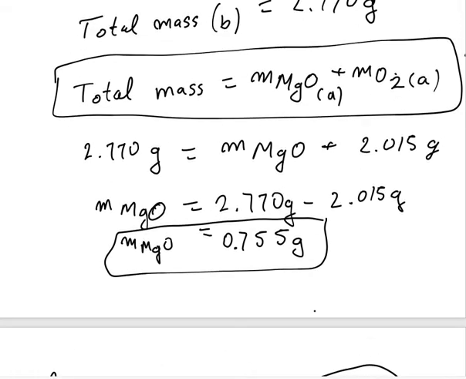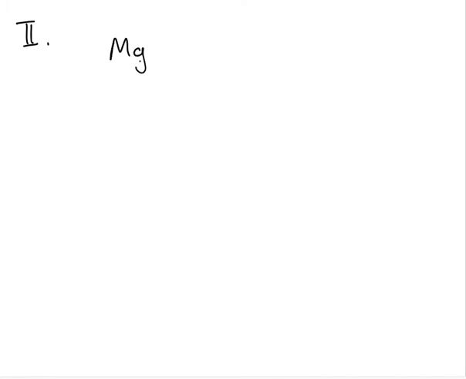Now the second one. For the second approach, we first write the chemical reaction. Magnesium is a metal.